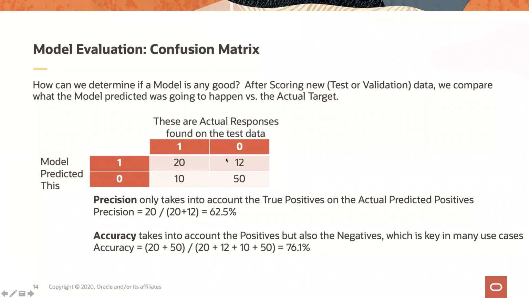Now, the problem with precision only is that you're not caring about anything that happens with this, right? If you only use precision and keep working on just the precision of models, you might end up with a model that predicts well when you have a customer that's going to buy, but you might be filling this one down here with a lot of customers that you predict would not buy, but they would buy.